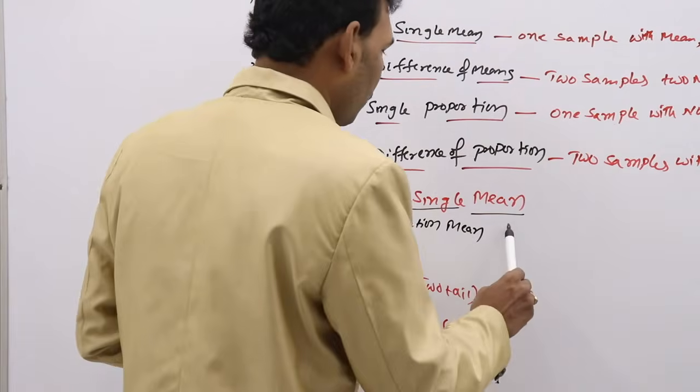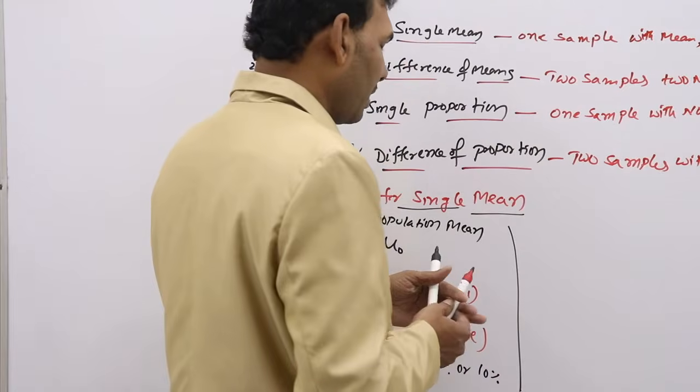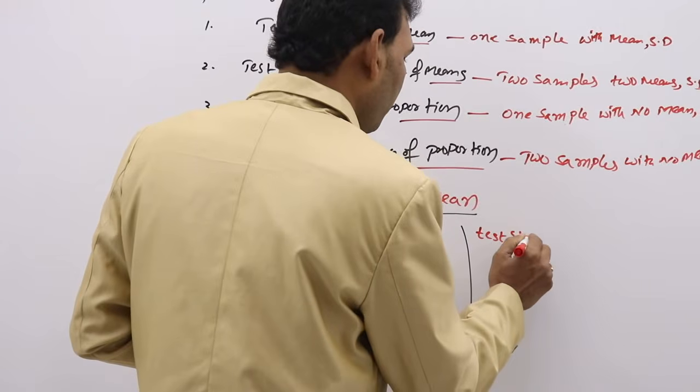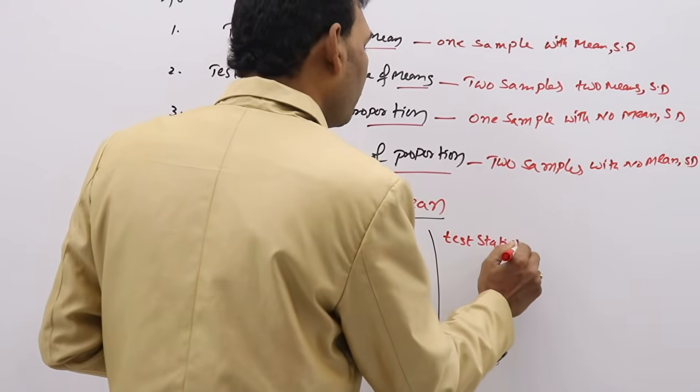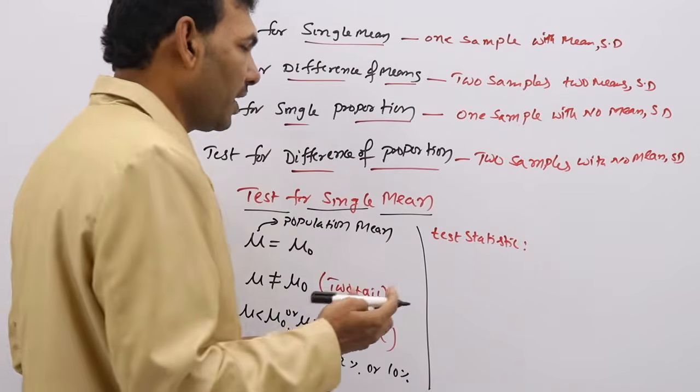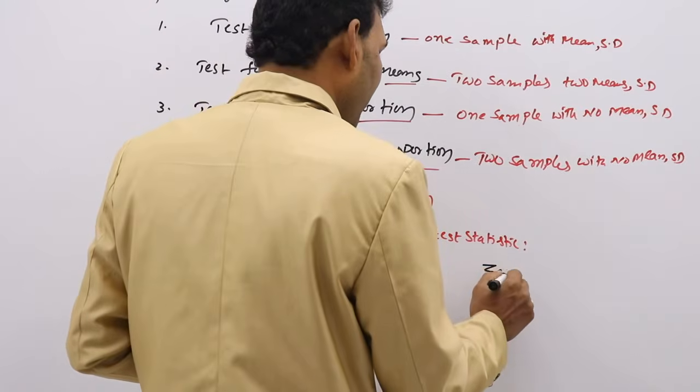Now, next step, test statistic. Write the formula for getting the calculated value, that is the Z calculated value.